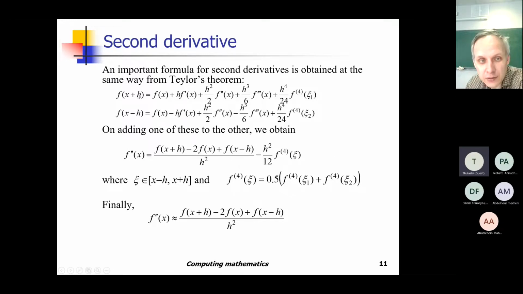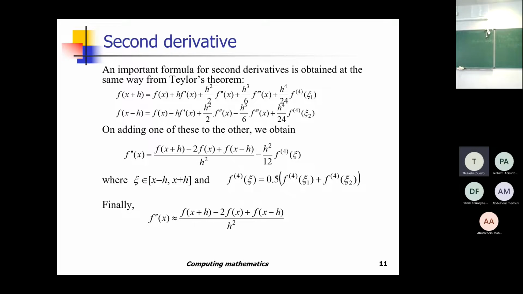And if we add these two formulas, just the first plus the second, and after some rearrangement, we can get that the second derivative at a point x equals f of x plus h minus 2f of x plus f of x minus h over h squared, minus h squared over 12 times the fourth derivative at a point c, where c again is some unknown point between x minus h and x plus h.